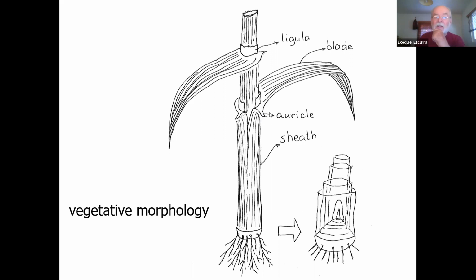There are a number of other things that come with the architecture of blades and sheaths. And perhaps the most important is this little membrane that normally is present in the juncture of the blade and the sheath that is known as the ligula. The ligula is a membrane. Sometimes it's greenish, other times it's just white or even transparent.